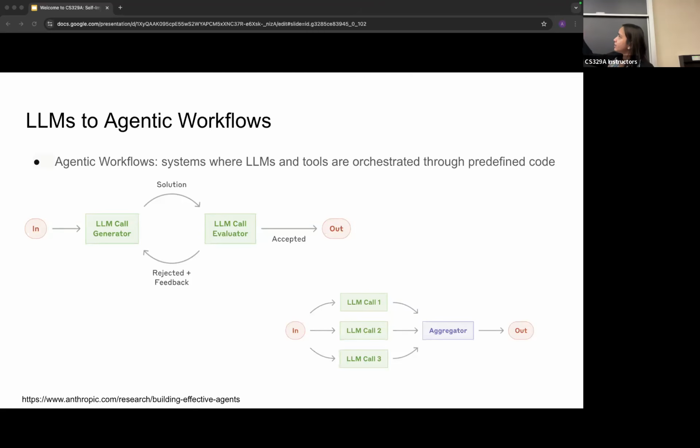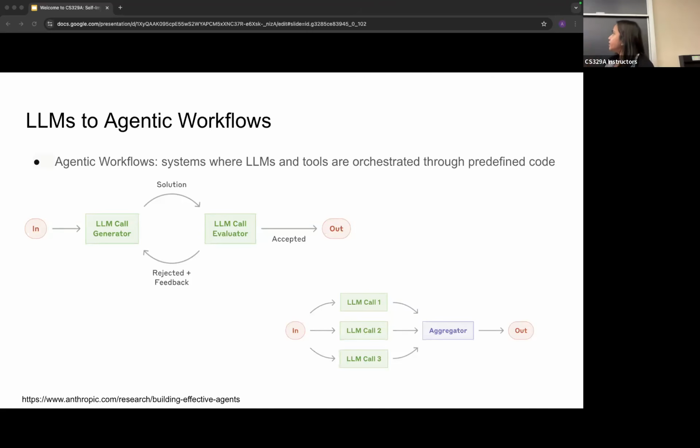This is the model as a judge, evaluating the first LLM. Perhaps it's fine-tuned to generate rewards, and it will say, okay, you generated the correct solution, or that was a bad solution. Then it comes back with an answer, and when you have the right answer, that goes to the output. So this is a very simple graph of an agentic workflow.